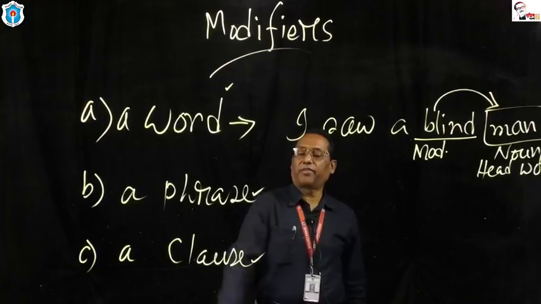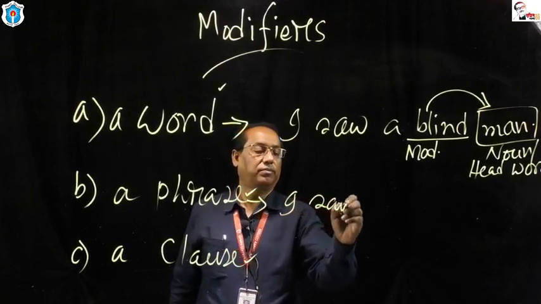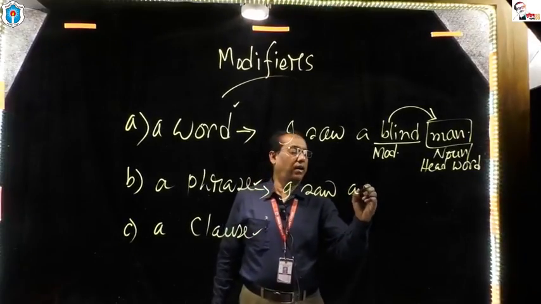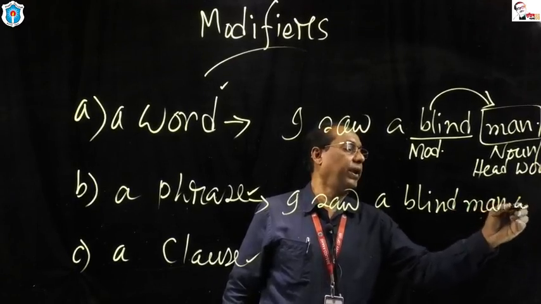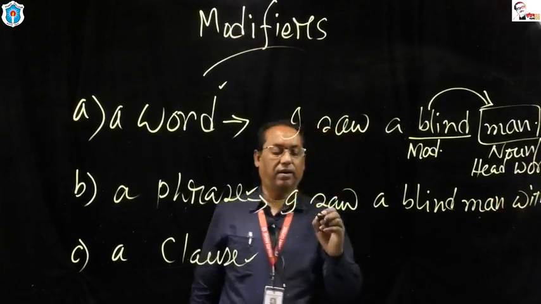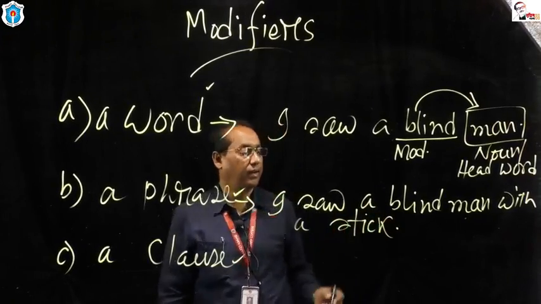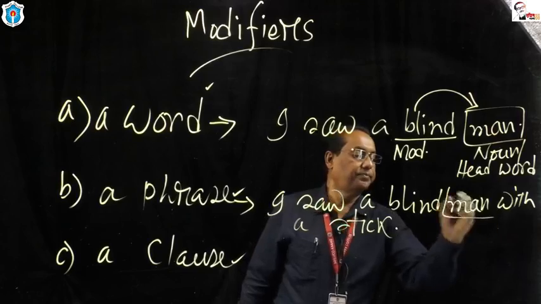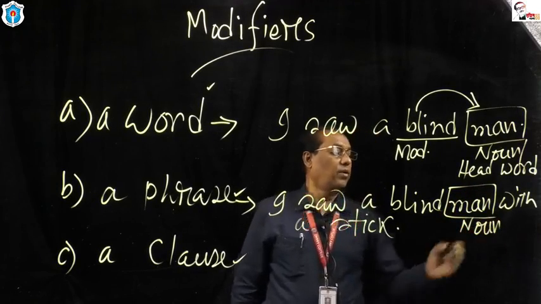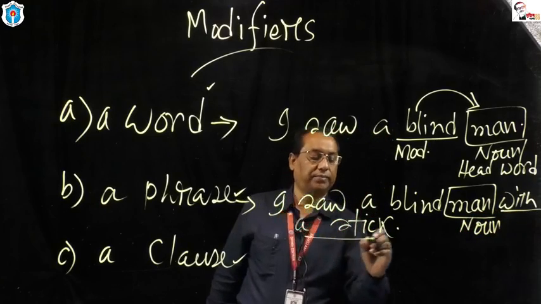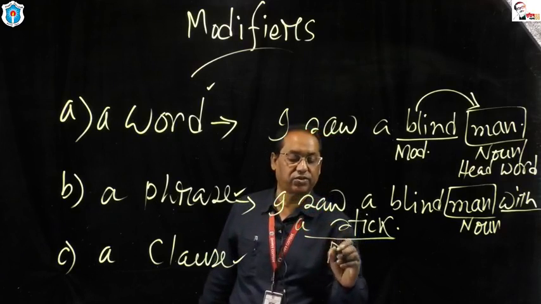It may be also a phrase. For example, I saw a blind man with a stick. Look, man is the head word or the noun. With a stick, this is a phrase, prepositional phrase.